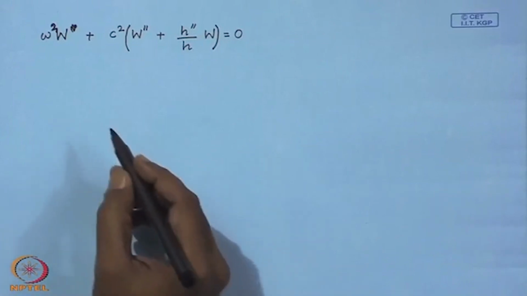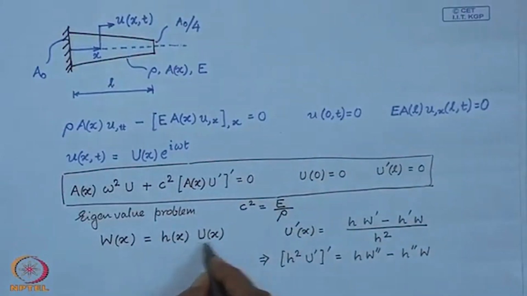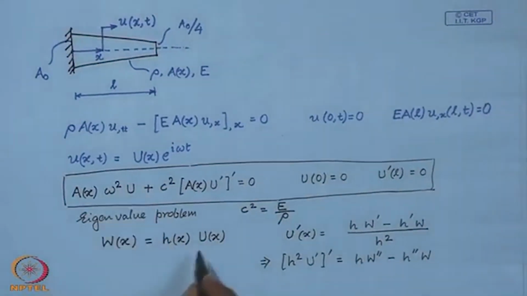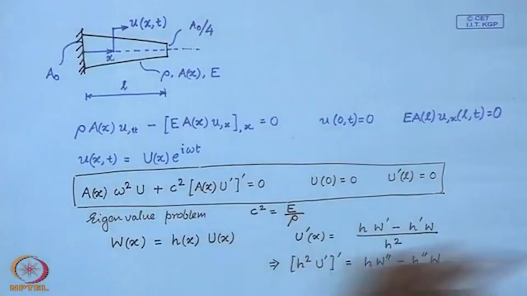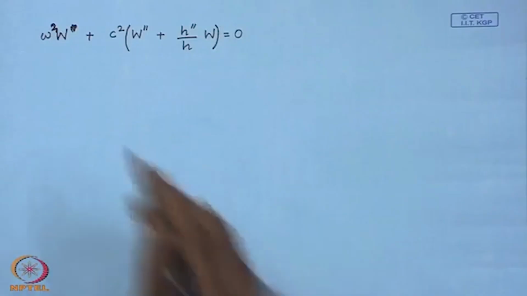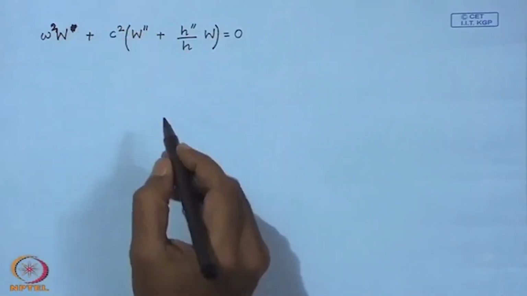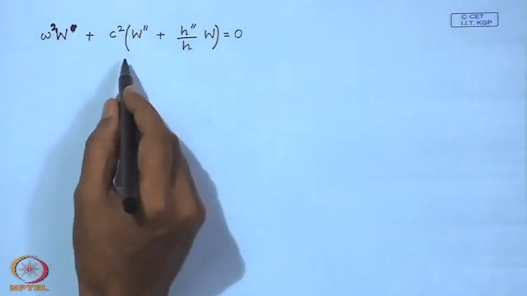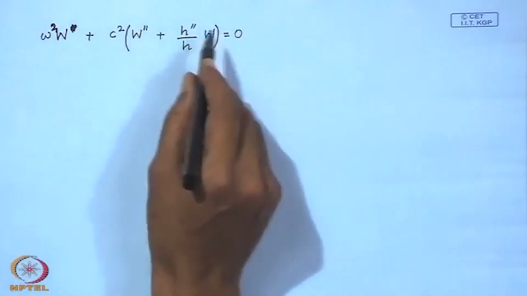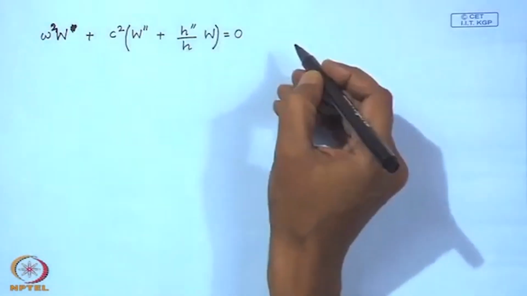So, if you substitute this u in terms of w in the differential equation and make some rearrangements, then you can write the differential equation of the eigenvalue problem in this form.